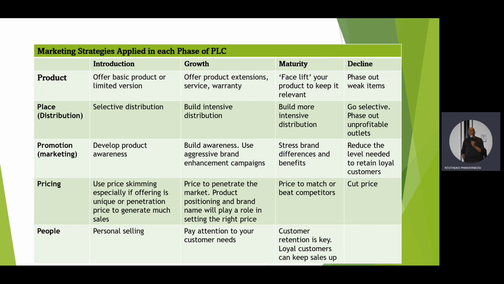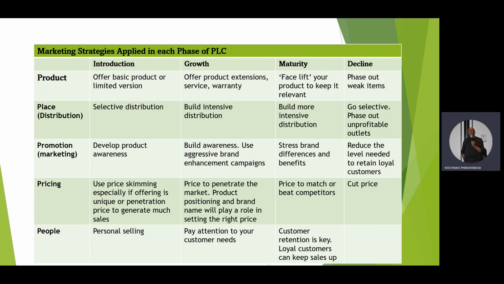Let's go to place. Place has to do with distribution, as you see on your slides. Under introduction, you are doing something that we call selective distribution. Start in one place. Get to know whether people enjoy your product.